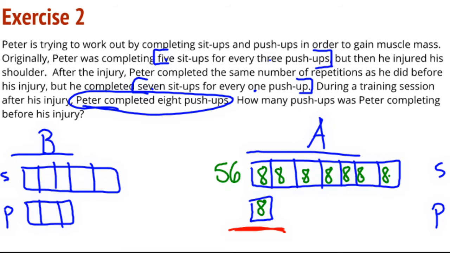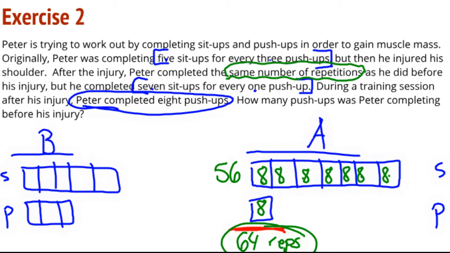So he's doing 56 sit-ups and 8 push-ups for a total of 64 reps. He's got 64 repetitions going on here. And it says here that he's completing the same number of repetitions, which means this 64 transfers over to before the injury. Before the injury, he was also doing 64 reps.